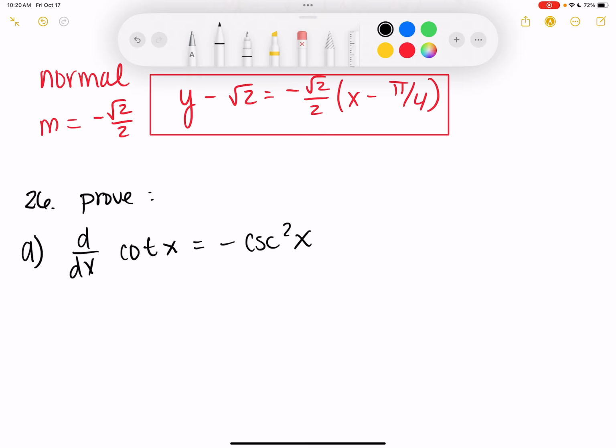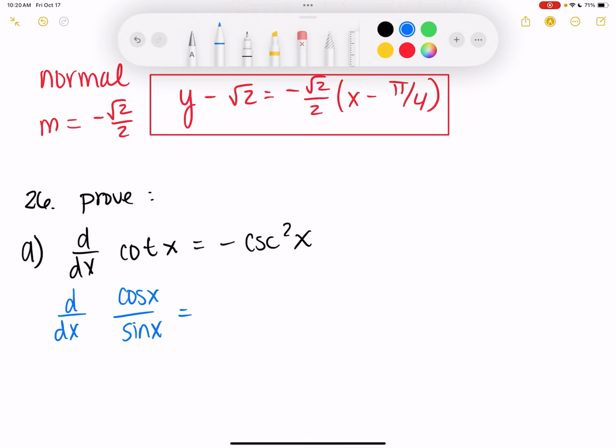So what I usually do with one like this is I would rewrite it: d dx of cotangent can be written as cosine x over sine of x. I usually like to start there, rewriting them in terms of sine and cosine. If it was the derivative of secant, I would write it as 1 over cosine and then basically proceed like a quotient rule problem.